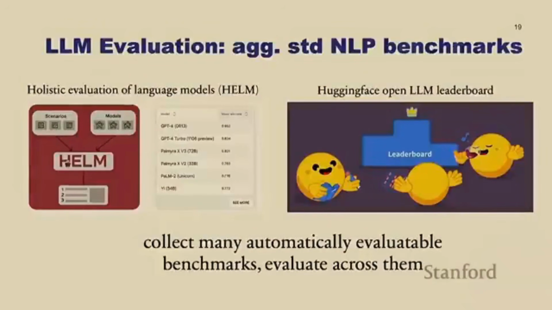One other common way, and now more common in academia, of evaluating these LLMs is by taking all the classical NLP benchmarks, and I'll give you a few examples later, and aggregating everything. So you collect as many automatically evaluatable benchmarks as possible and evaluate across all of them.